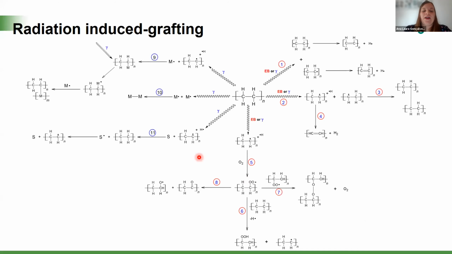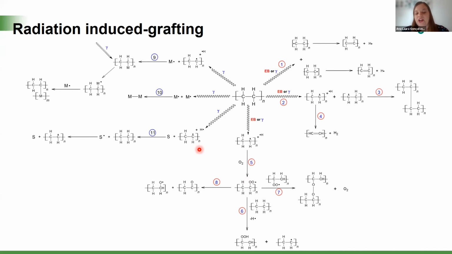As the high energy radiation from the E-beam accelerator, which we use for the pre-irradiation method, and the gamma rays, which we use for the simultaneous method, are much higher than the atomic binding energies, we observe some modifications in the chemical and mechanical properties of the copolymers.